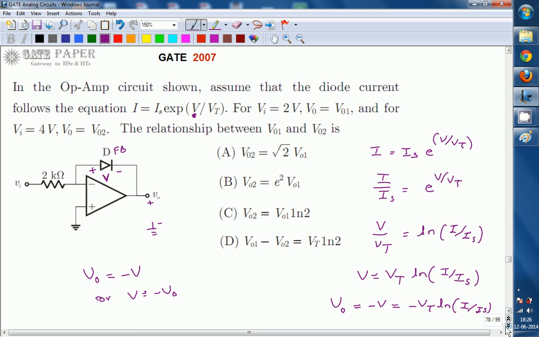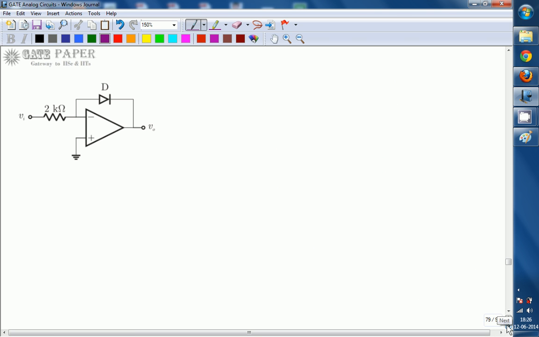Now V0 is equal to minus Vt natural logarithm of I by Is. V01 is the output voltage when the input voltage is Vi equal to 2 volts. If you are applying 2 volts, how much diode current is flowing?